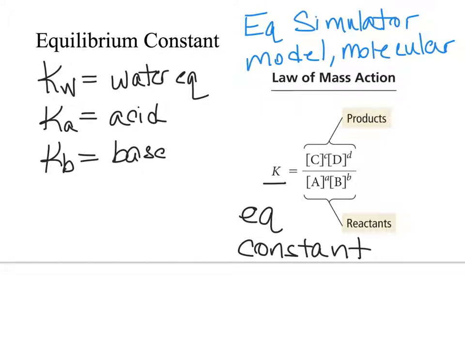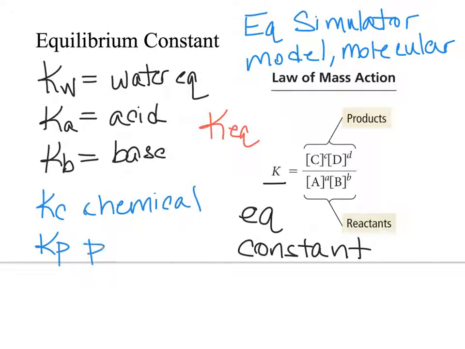If we're talking about a generic equilibrium, it would be Keq. In this chapter, we'll also see Kc and Kp, which stand for chemical and pressure equilibrium. In the next section, in the problem solving, we'll look at how to convert back and forth with these two equilibrium values.